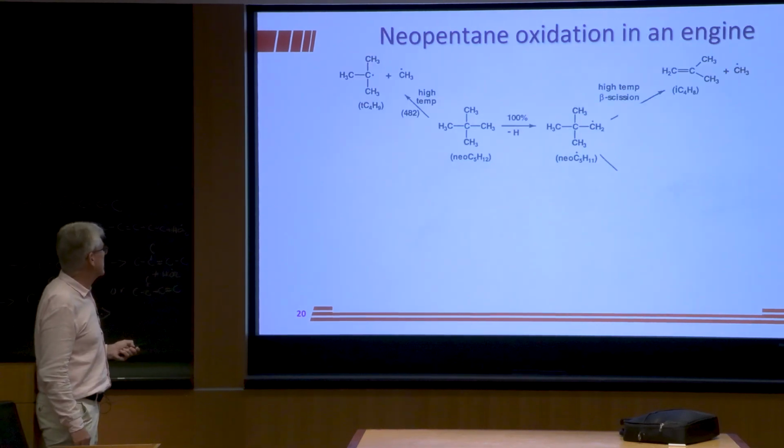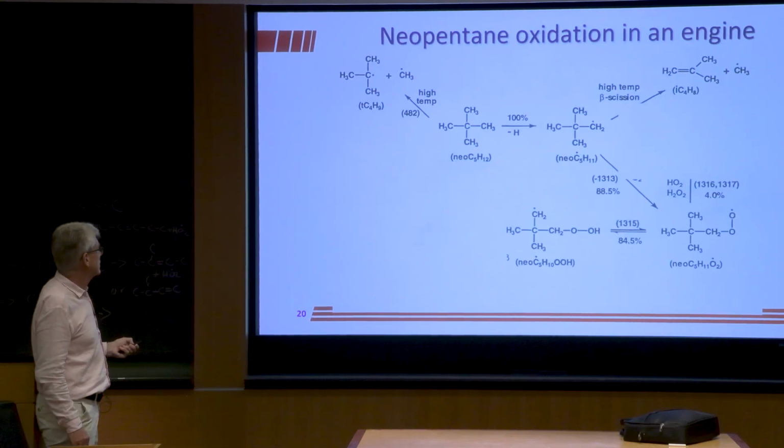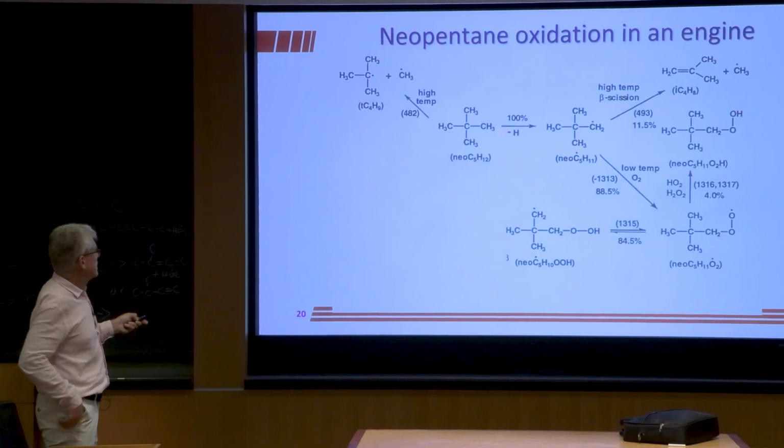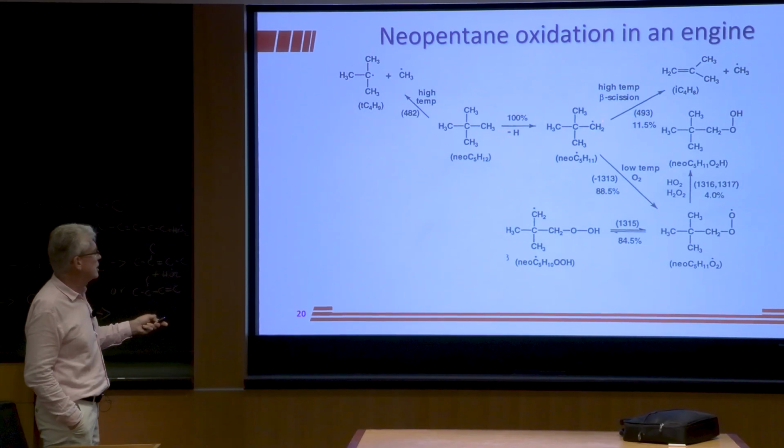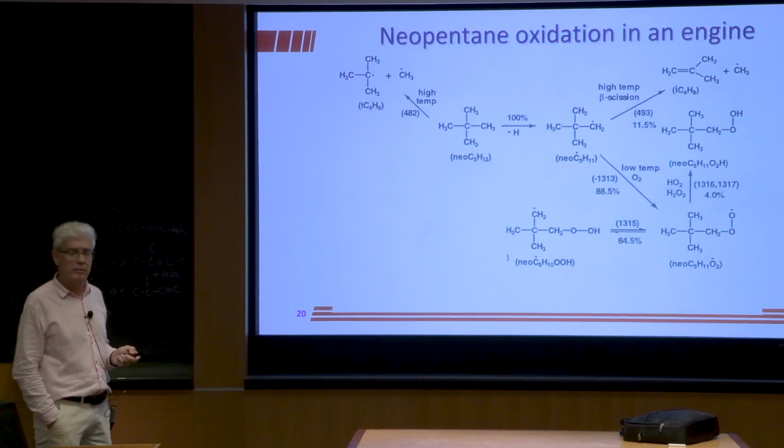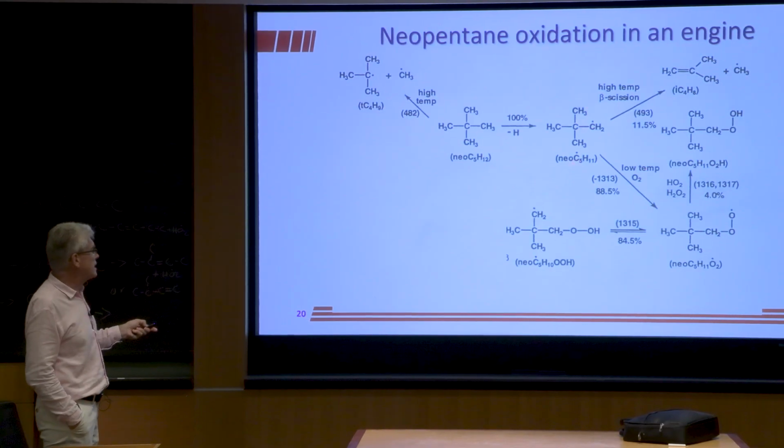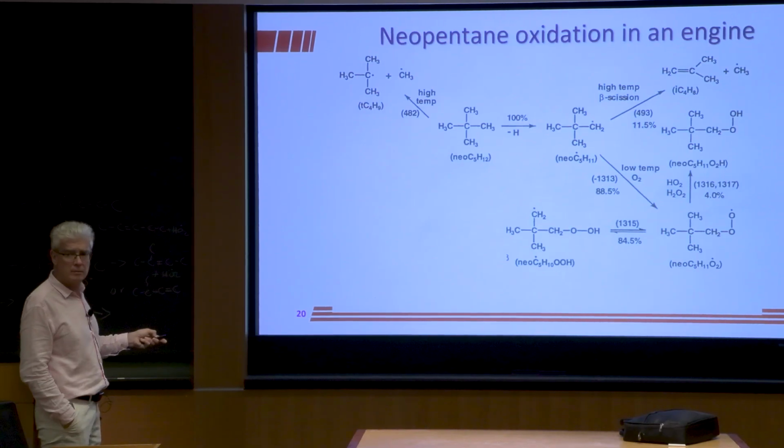And what we see is that the fuel undergoes H atom abstraction by OH to give neopentyl radical. Only about 10% of the neopentyl radical produces isobutene plus methyl. 90% of neopentyl radical produces neopentyl peroxy radical, the RO2.